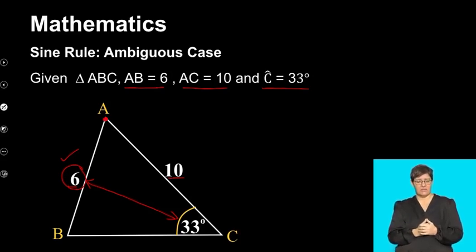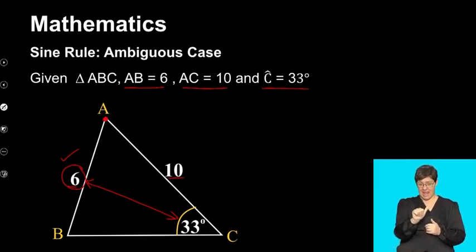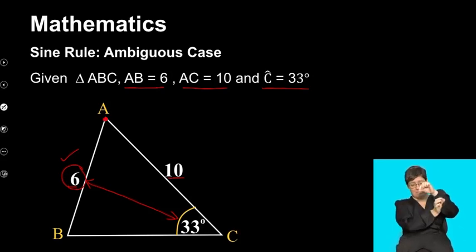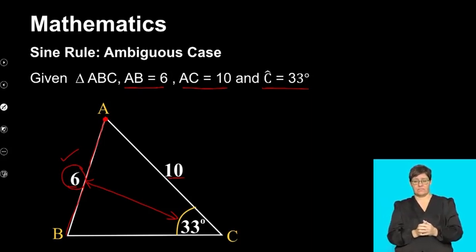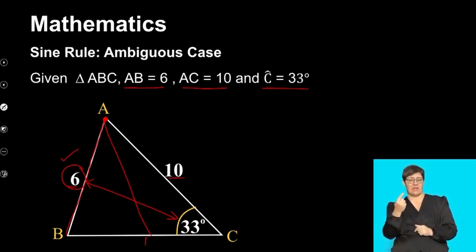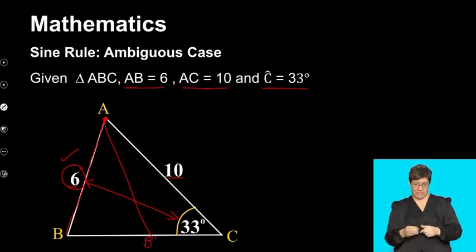If you imagine there's a pivot at angle A, then we can take this line AB and turn it in such a way that we can draw it instead like this. Drawing it like this gives us a whole new triangle, a smaller triangle.